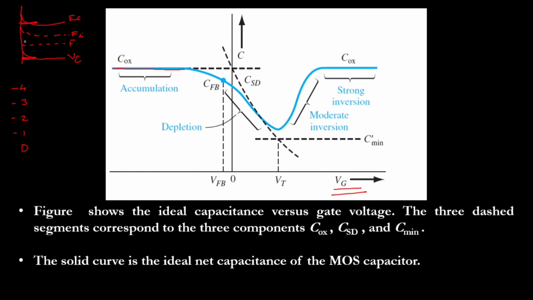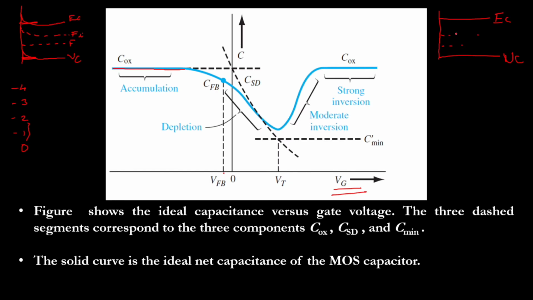So just assume this is the voltage where I am getting a flat band, not at 0, somewhere at a very small negative voltage I will get the flat band. Flat band means the band is something like this. This is the valence band, and this is the conduction band, and I will get a Fermi level.